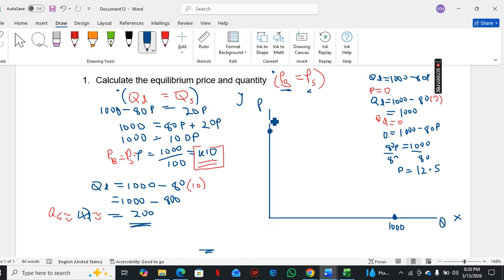So it means you're just looking at this vertical line here. The price will be 12.5 kwacha. Okay, so this is your demand function.